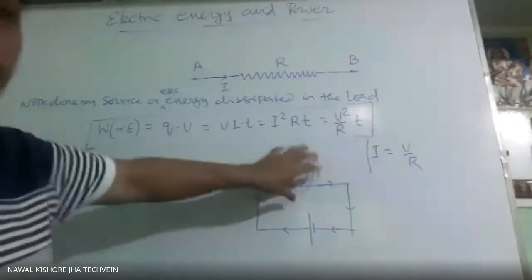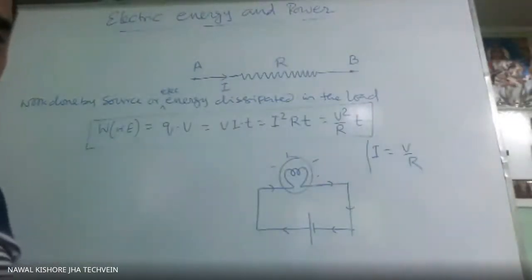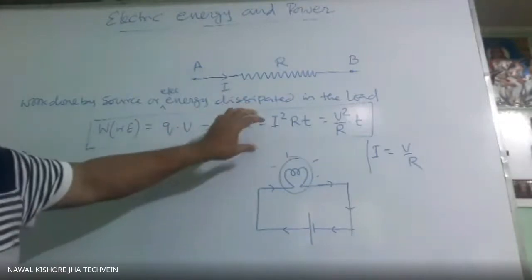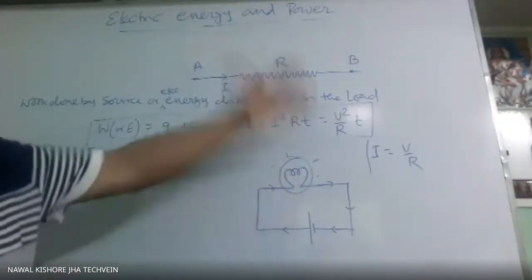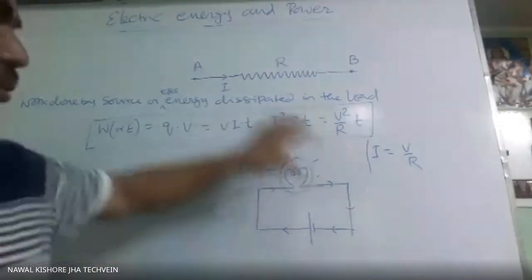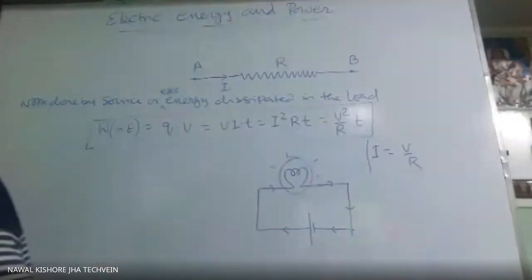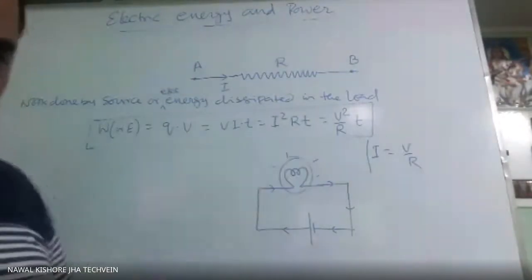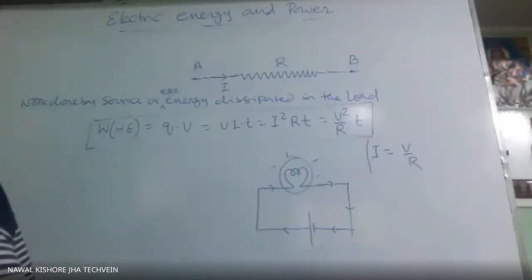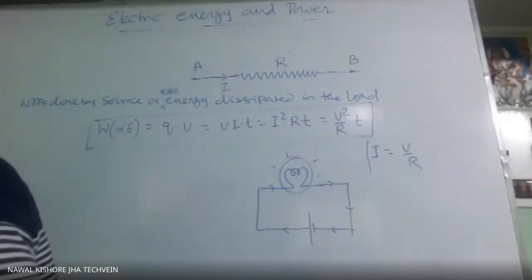So if this appliance is ideal, if efficiency is not given in the numerical, we will consider ideal appliance. Then whatever energy is dissipated, same energy will be transformed into some other form. If it is converting only in light, this much amount of light will be produced. If we are considering a heater, whatever electric energy is absorbed by this, that whole will be converted into heat. If the appliance is ideal, then only.